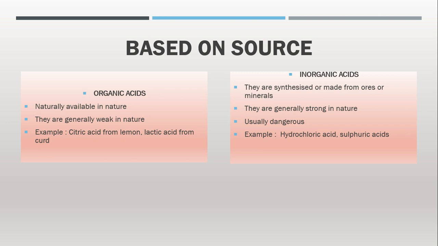So we have come across that based on source we can classify the acids, that is organic and inorganic. Now comes to the next, that is based on strength. Based on strength, you have known that acids can be classified as weak acid and strong acid. What are strong acids?